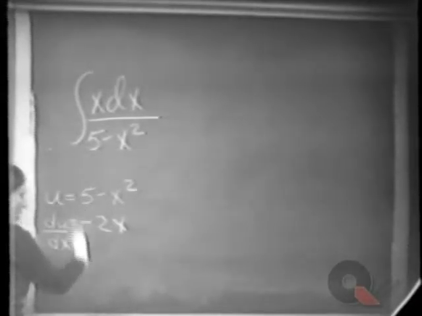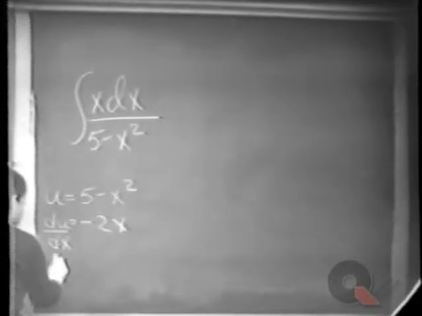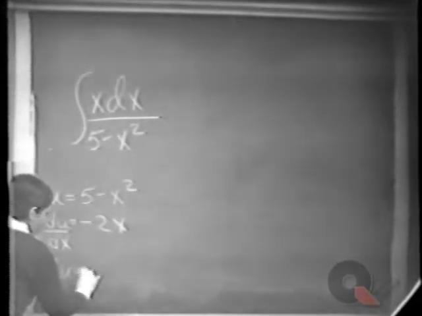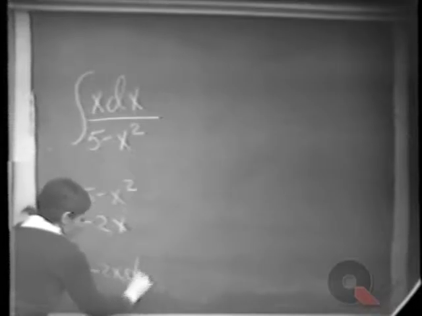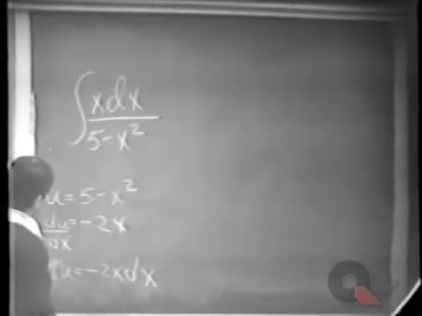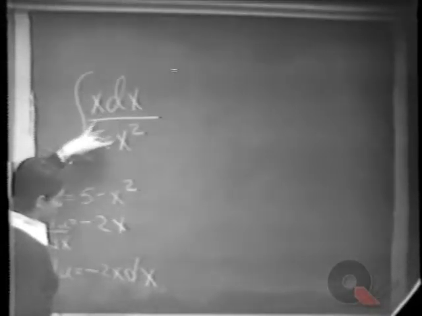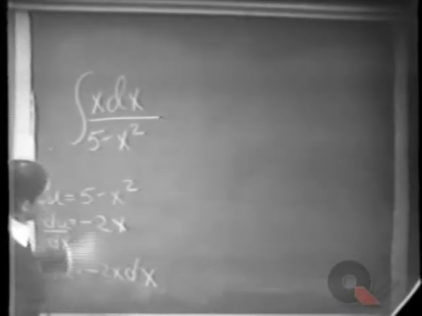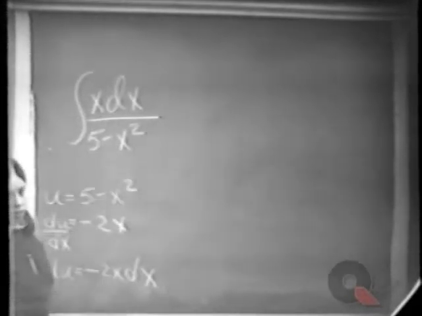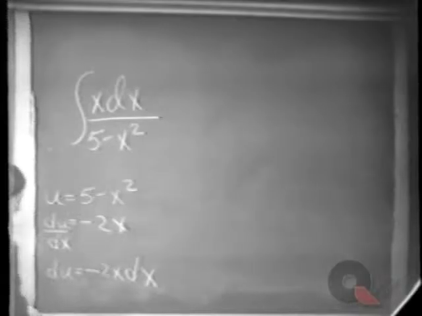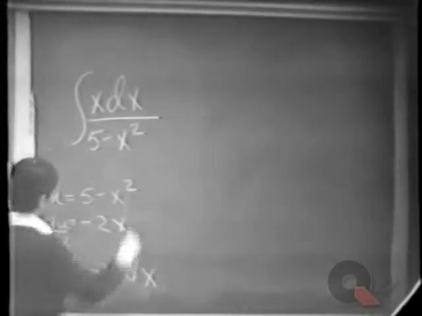The derivative of 5 is 0. Du would be equal to minus 2x dx. And we don't quite have du over u. But it's not that bad because we're only off by a constant. We would like minus 2x dx on top. We only have x dx. Well, we can take care of that.